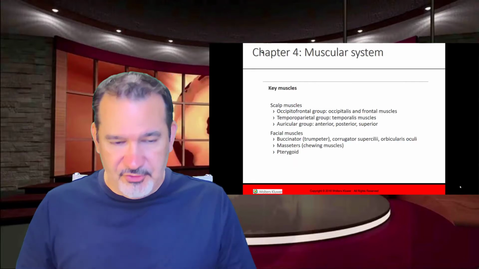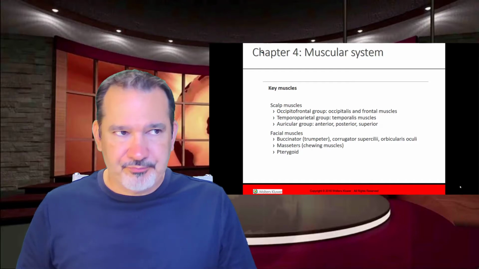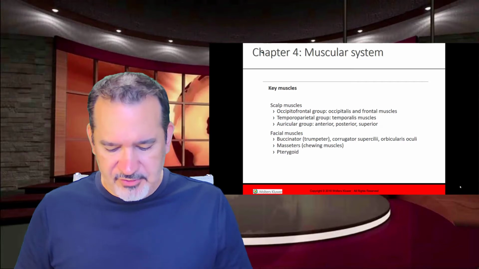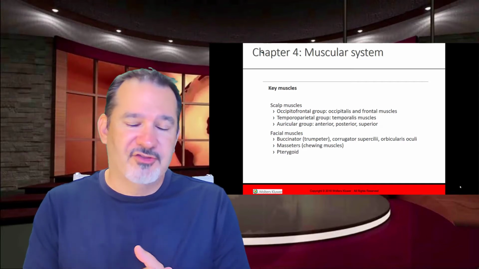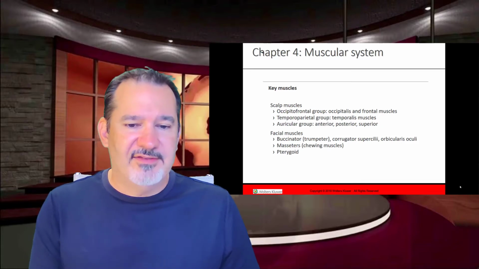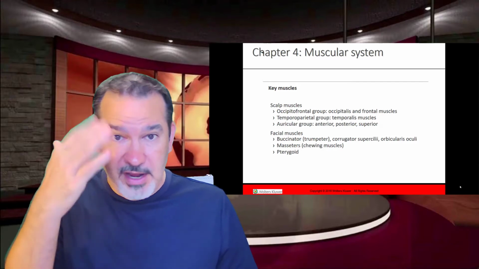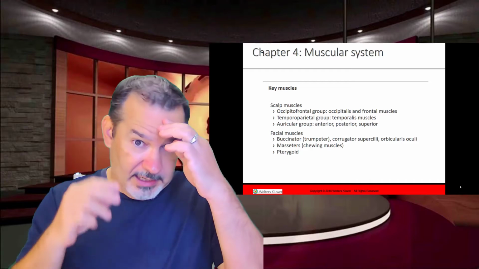Let's see, scalp muscles. We're going to talk about some of the major muscles in the body. Of those 600, we'll talk about some of the major ones. When we look at the scalp muscles, the occipital frontal group helps to raise and lower the eyebrows and cause wrinkling in the forehead.